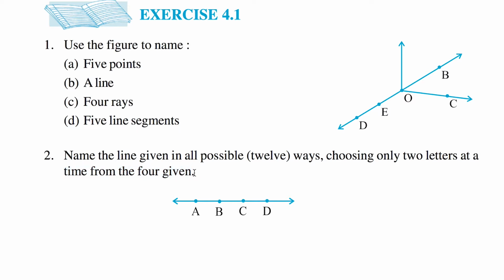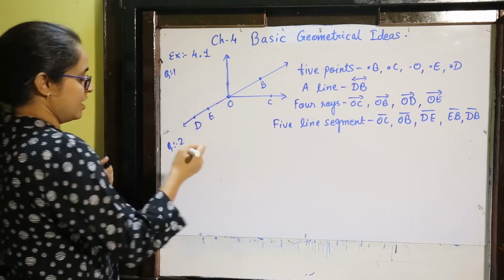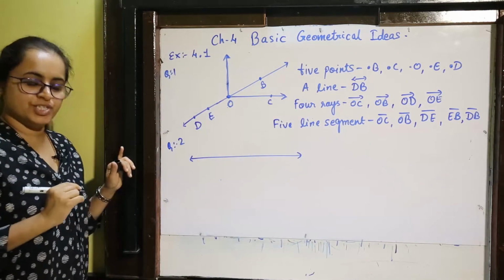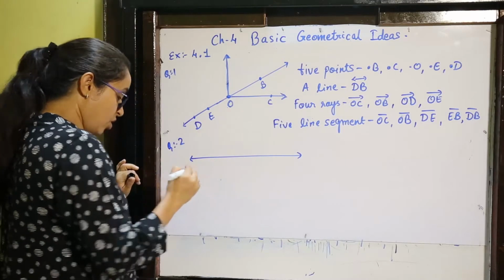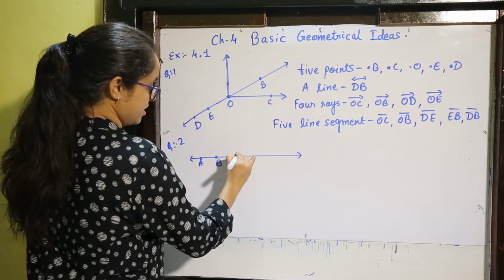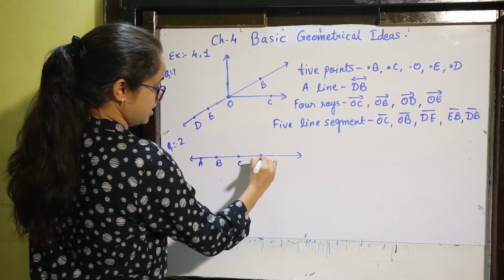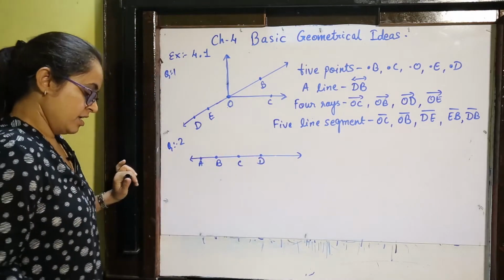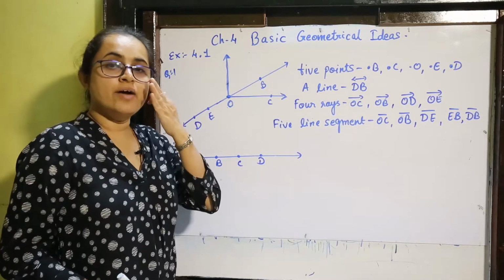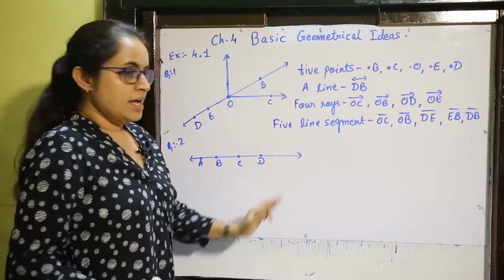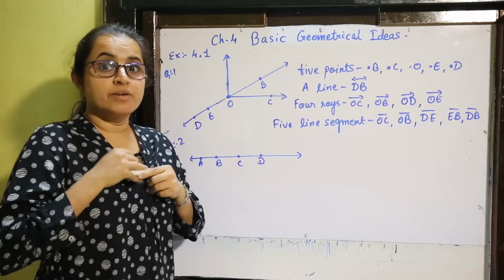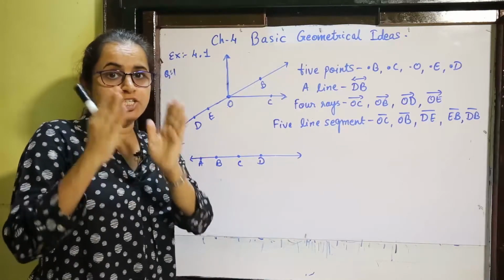Now, here you do not need to write the question, you just need to draw a line A, B, C, D. Okay. Now, 4 points are given on the line and you have to mention this line in 12 different ways.